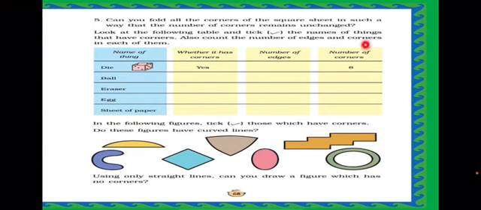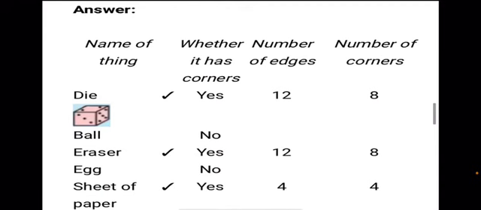Also count the number of edges and corners in each of them. So this is a dice. Now it is in the shape of a cube. Does it have corners? Yes, it has corners. Now, how many edges does it have? It has 12 edges. And how many corners does it have? It has 8 corners. A ball, does it have corners?